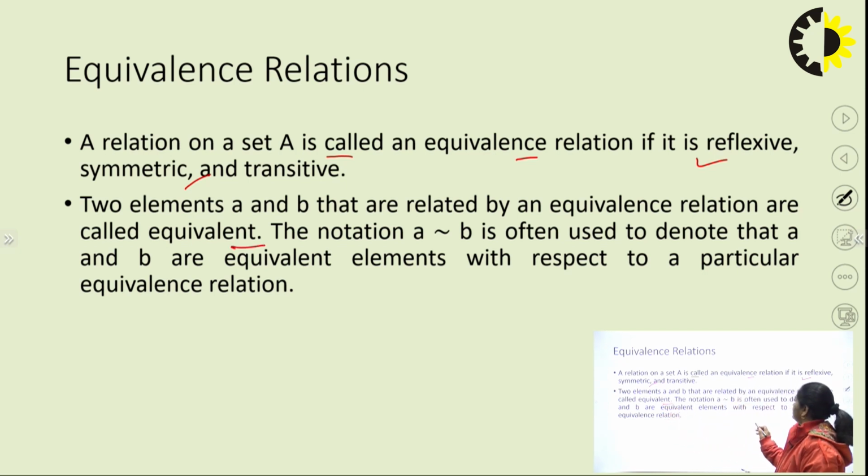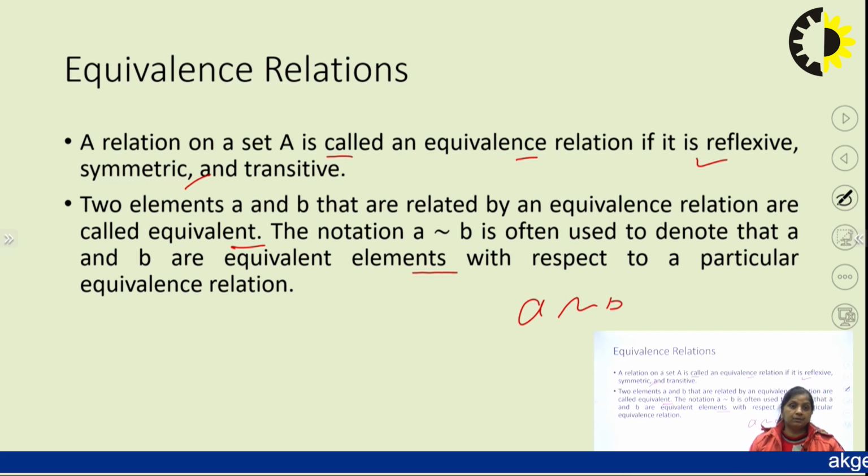The notation is A is equivalent to B. It is used to denote that A and B are equivalent elements with respect to a particular equivalence relation. So this is the definition of equivalence relation. Firstly, we started with the relation, then we studied the properties of different types of relations, then we studied the equivalence relation definition.